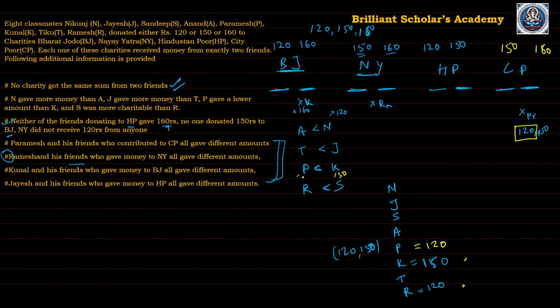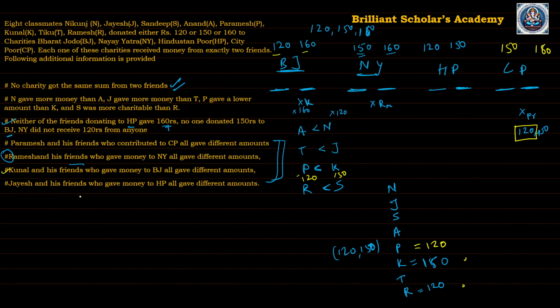Parmesh is lower amount than Kunal. Kunal, I just confirmed 150. How? Kunal does not give money to Bharat Jodo. Bharat Jodo is receiving 120, 160. Kunal must be paying a different sum, which is 150. Kunal is more than Parmesh. Parmesh pays 120. See how things are interlinked. By Kunal, I found Parmesh, and through Parmesh, I found money for CP, taken care of.